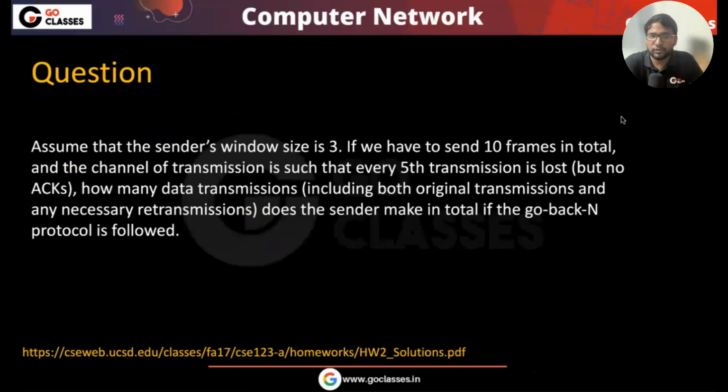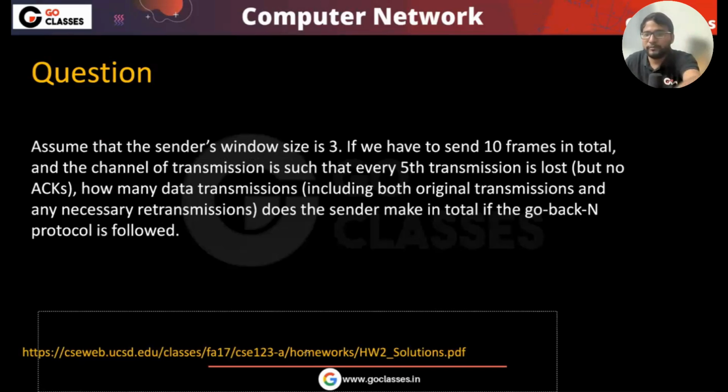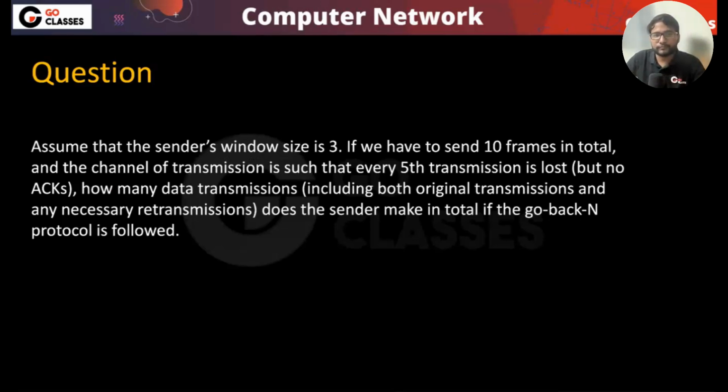Okay, let's do this question, which I have taken from UCSD University. They're saying assume there is a sender with a window size of 3. So the sender window size is 3, which means, let's suppose the packet numbers are 0, 1, 2, 3, 4, 5, 6, 7, 8, 9, 10, something like that.